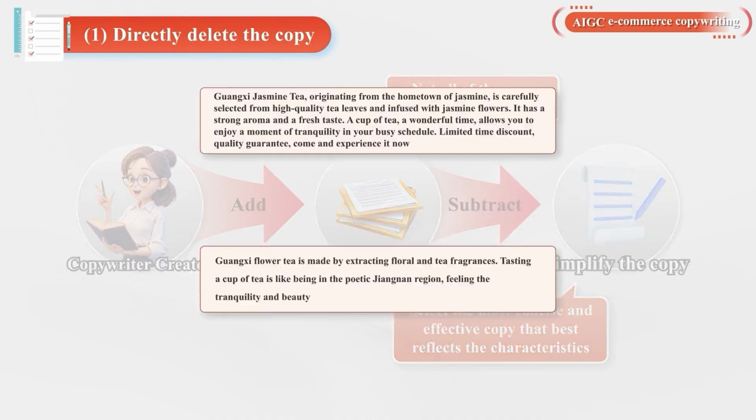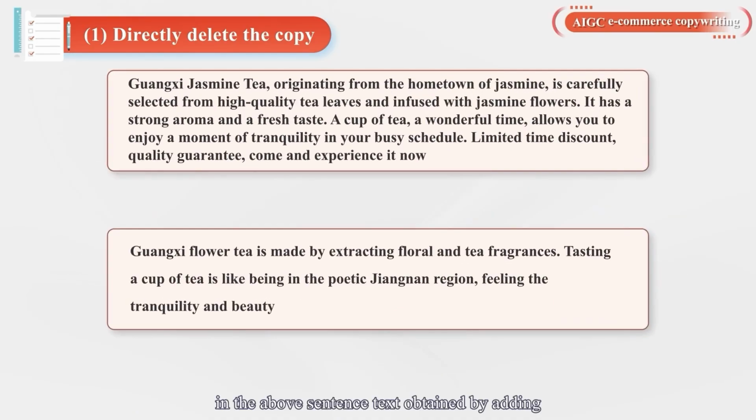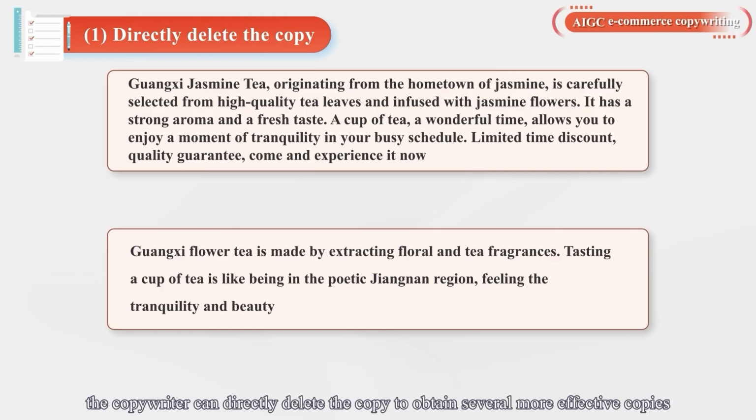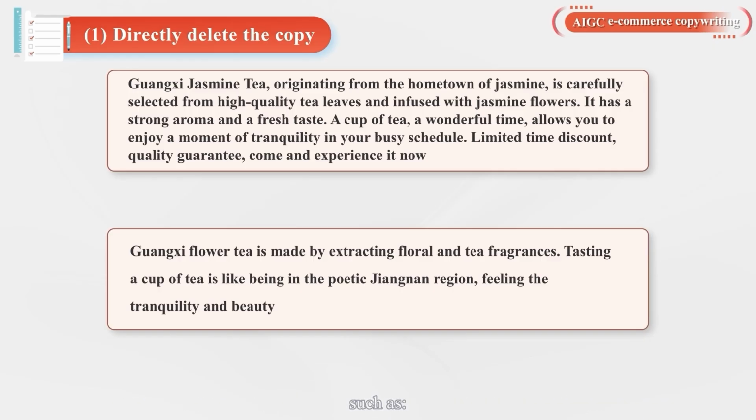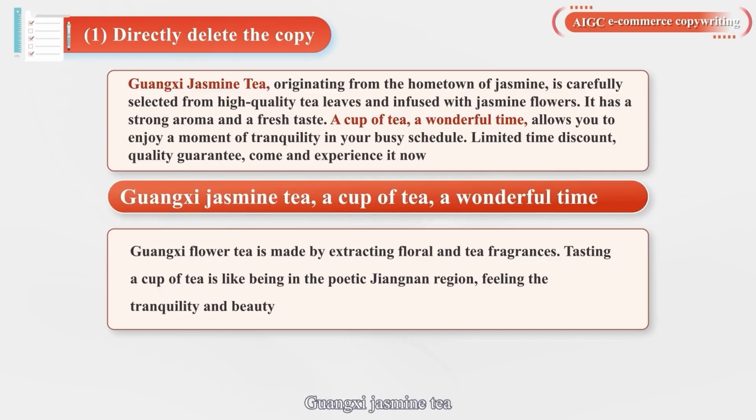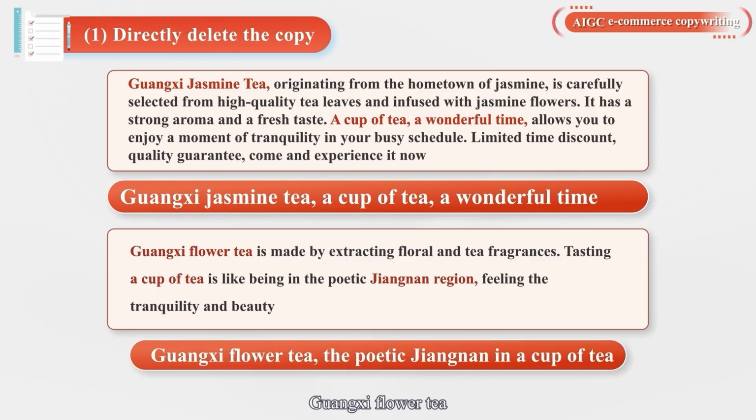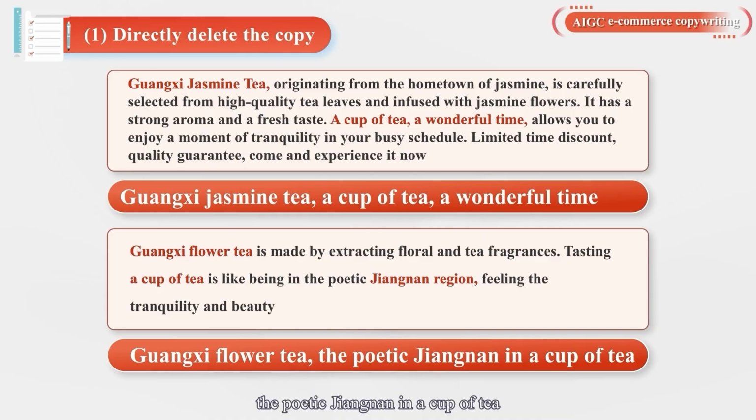For example, in the above sentences obtained by adding, the copywriter can directly delete the copy to obtain several more effective copies, such as Guangxi jasmine tea, a cup of tea, a wonderful time, Guangxi flower tea, the poetic Jiangnan in a cup of tea. Simplify the copy.